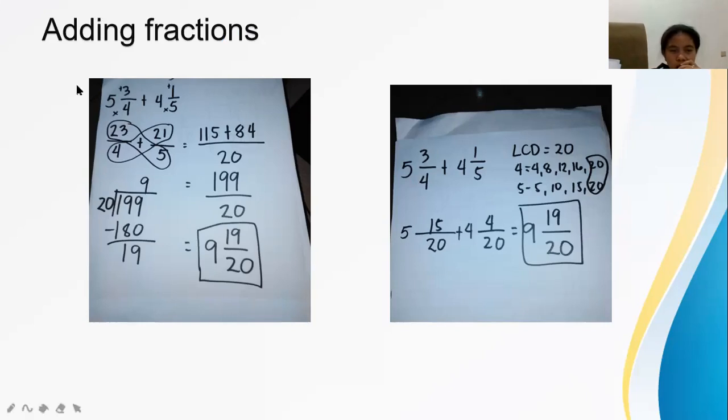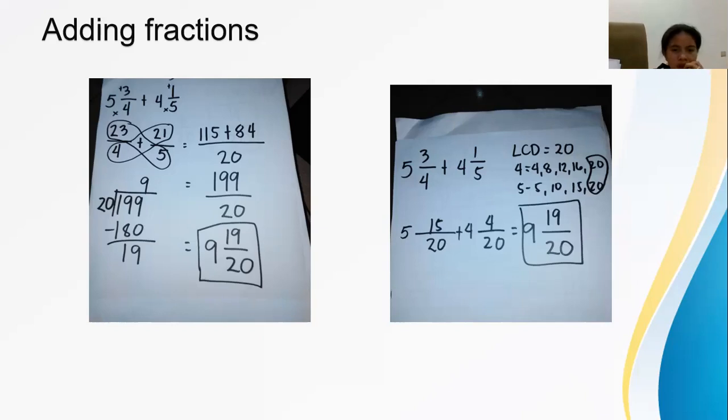So we are going to make these into improper fractions. The way to change a mixed number to an improper fraction is we multiply, then add. So we have first 5 times 4.